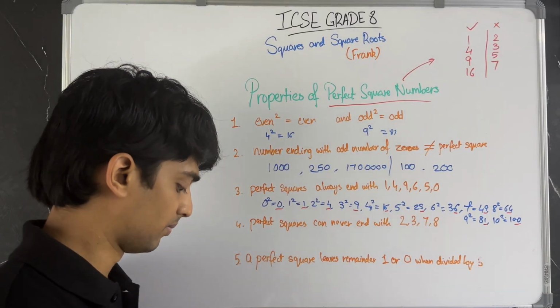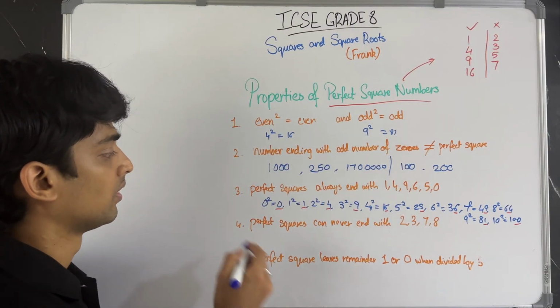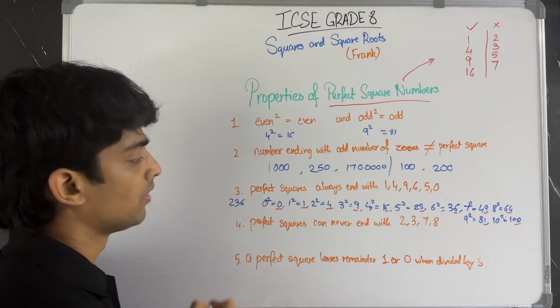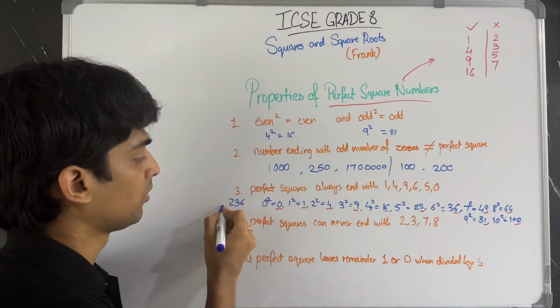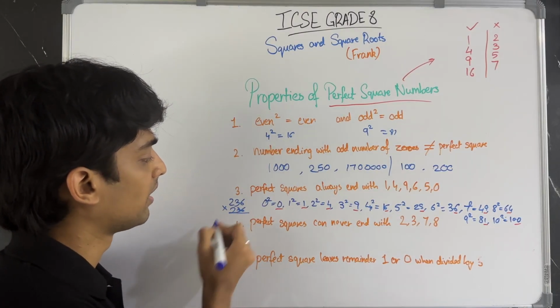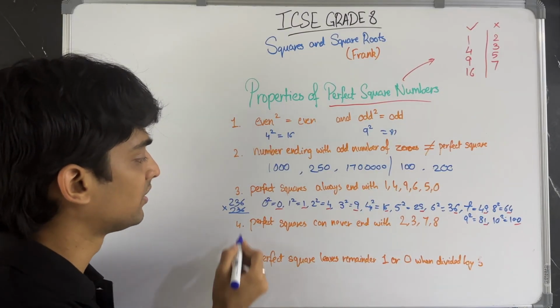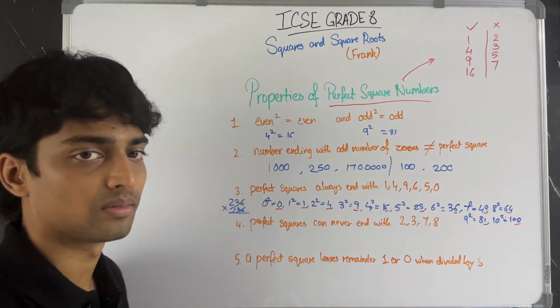Well, take any number, with however many digits. Let's say 236. If we find the square of it, we have to multiply it by itself, 236. Now when you multiply, the answer will always have the last digit of the multiplication of the last digits.